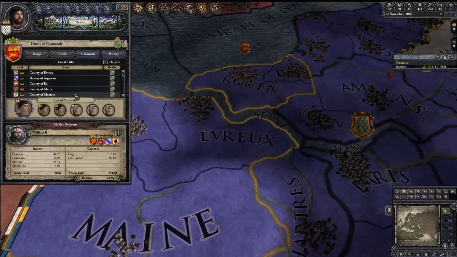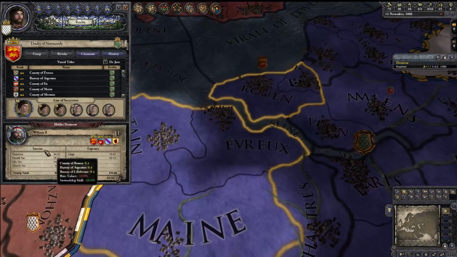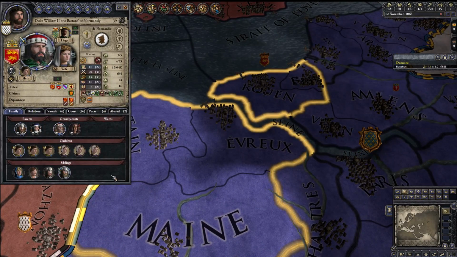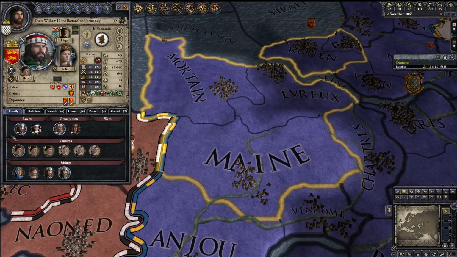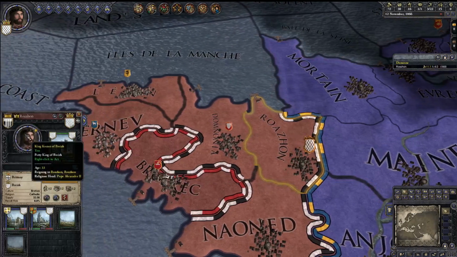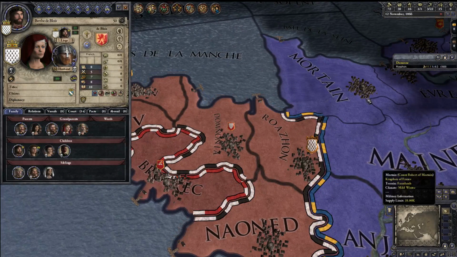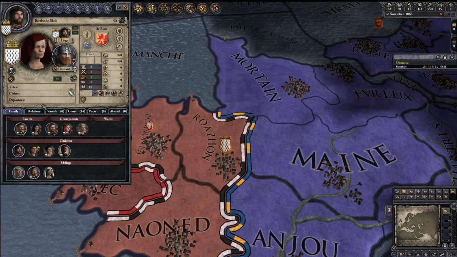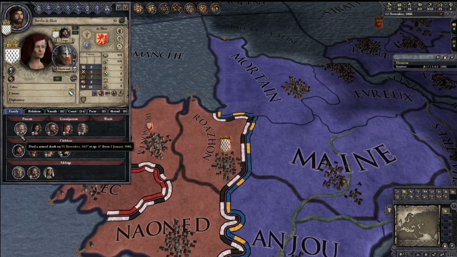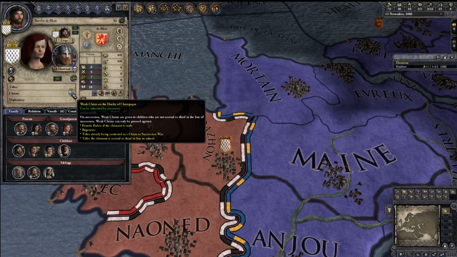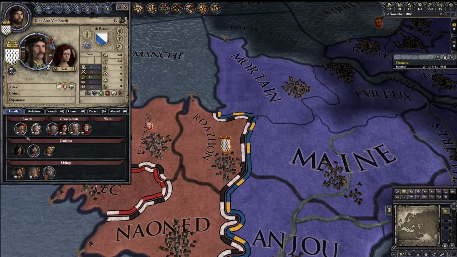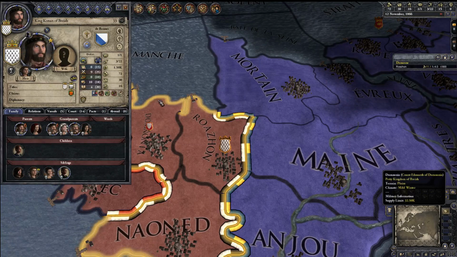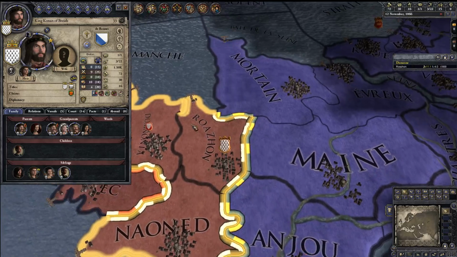We have a strong claim on the Duchy of Normandy over here. There's William the Bastard, but apparently we are related to him somehow, and we got a strong claim on his dynasty. I'm not really sure how. Nope, it didn't have to do with our mother. I'm not sure who we inherited it from, but we did inherit it from someone.